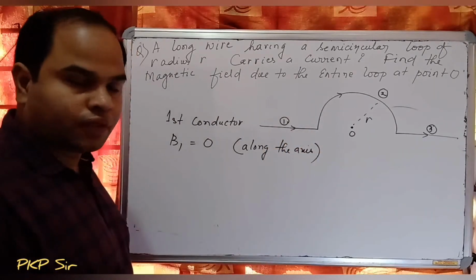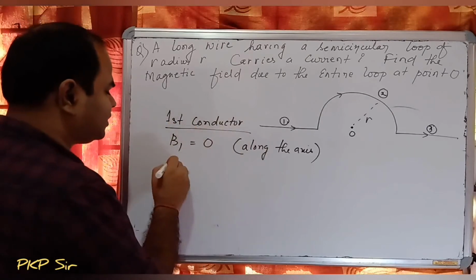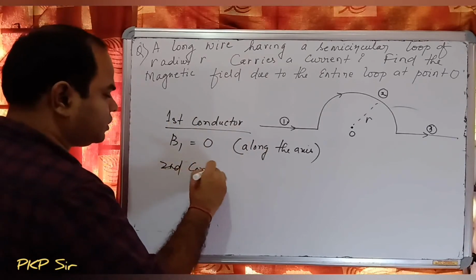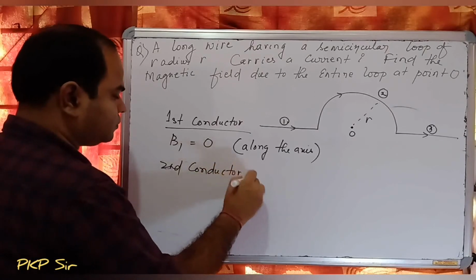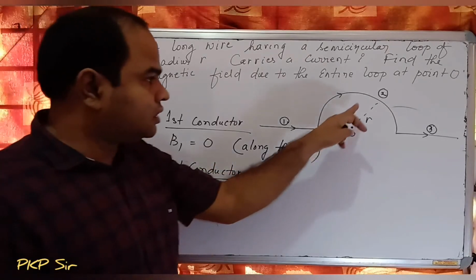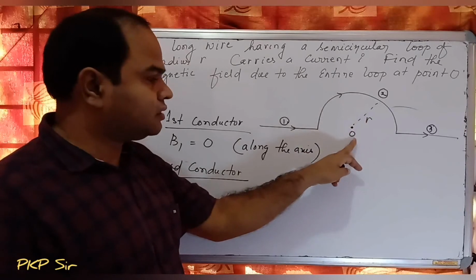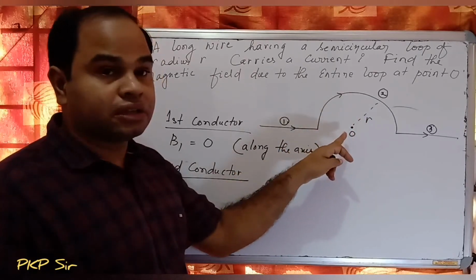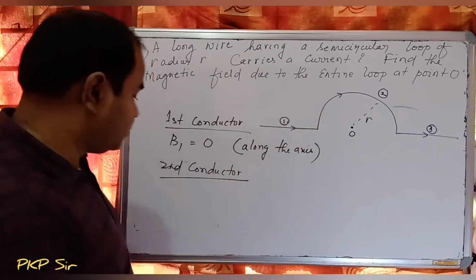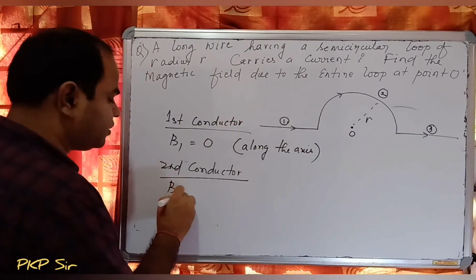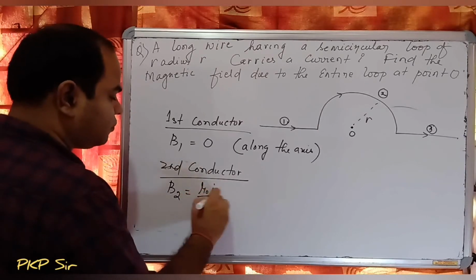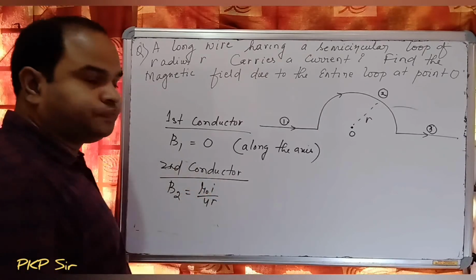Okay. If you take the second conductor, it is a semicircle. The magnetic field at the center of the semicircle, let us say the magnetic field is B2, that is mu naught I by 4r.